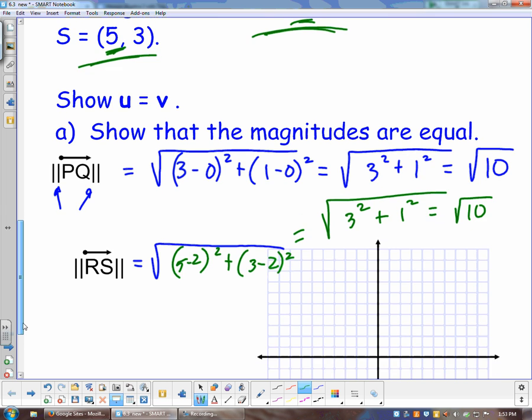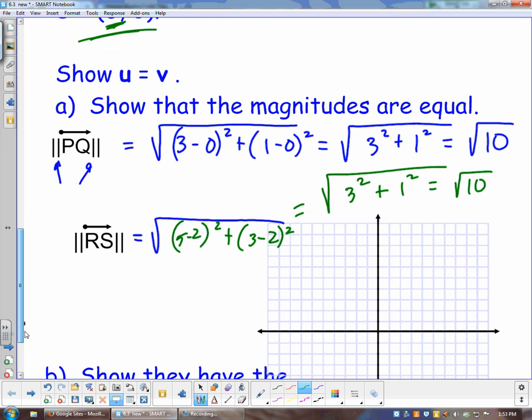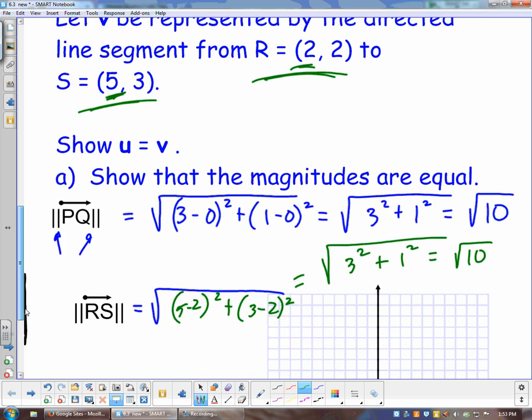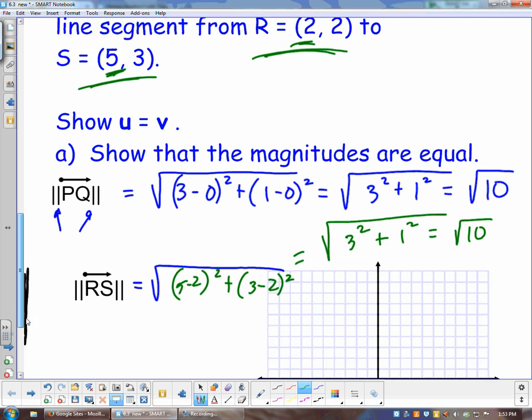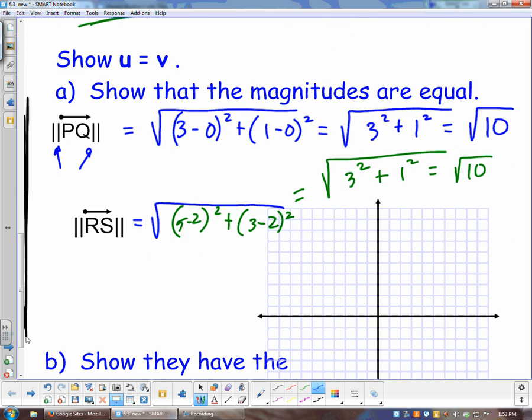Let's actually plot these to see what they look like on this graph. I am going from (0, 0) to (3, 1) for the first one, so that would be right here, and I'm going to indicate that with this vector like this. There's the first vector, and I put a little arrow there.